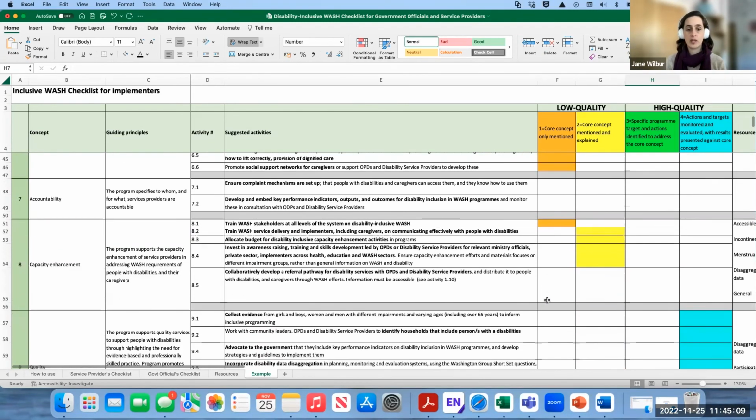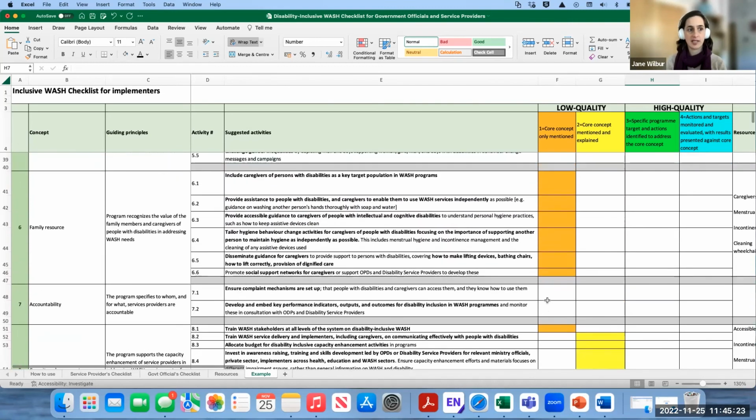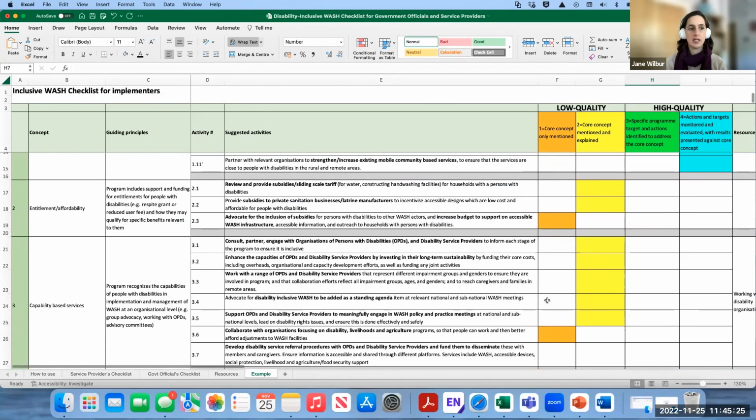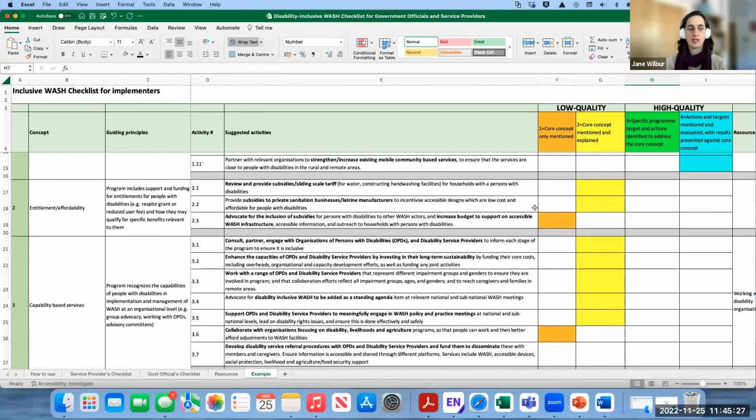It also scores low quality on capacity enhancement. So attention to these concepts in programme documents is unlikely to result in disability inclusion. So that's when you start thinking, how can I move these low quality scores across to high quality so that we see some real impact and change.